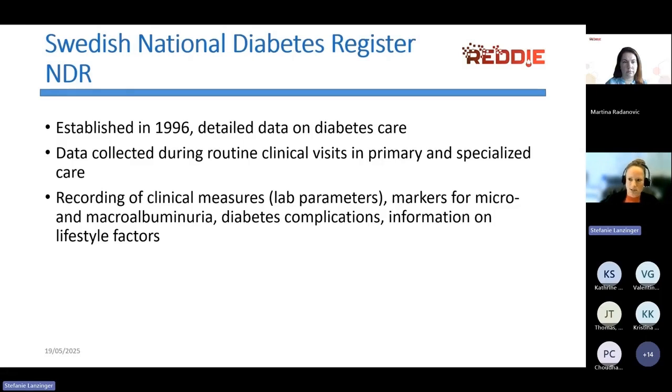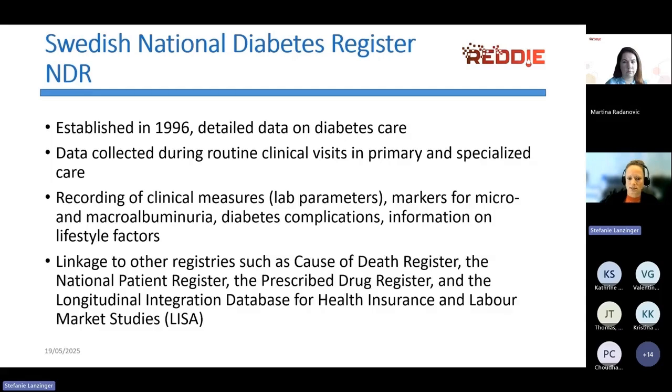And like in Denmark and England, Wales, in Sweden, also linkage to other registries is possible through a personal identifier. So data can be linked to death registry, patient registry, prescription information, and to the longitudinal integration database for health insurance and labor market studies.